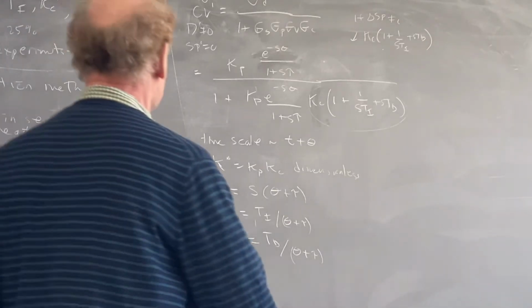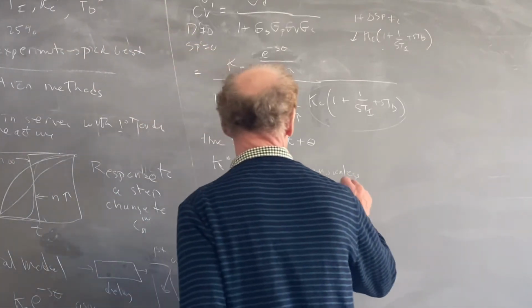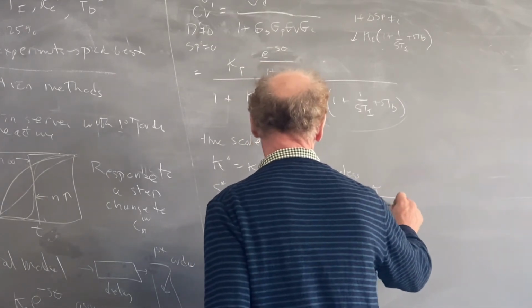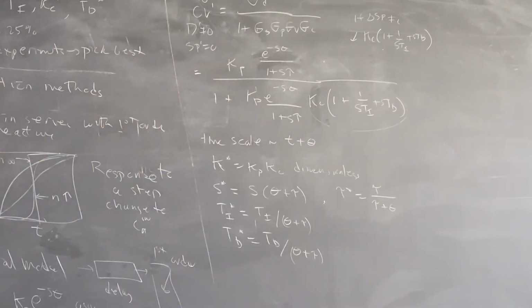And of course, tau star would be equal to tau over tau plus theta. So those are all my non-dimensional quantities.